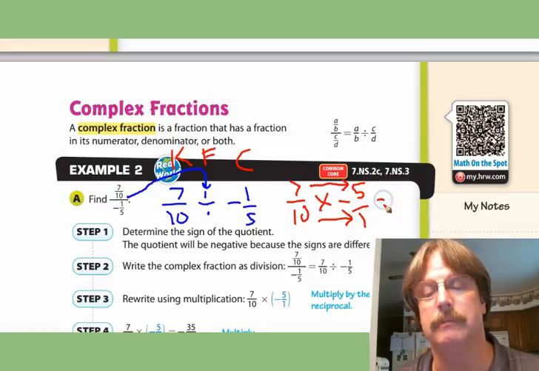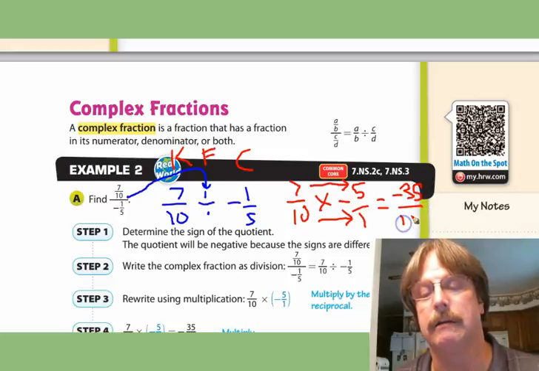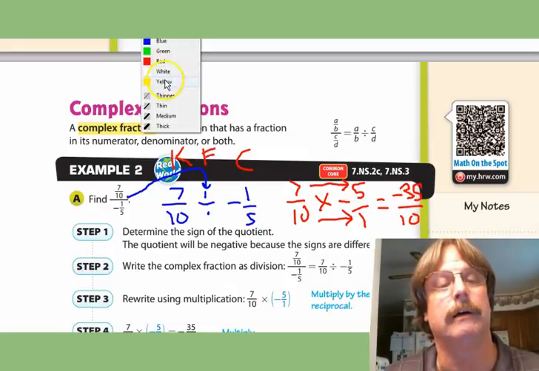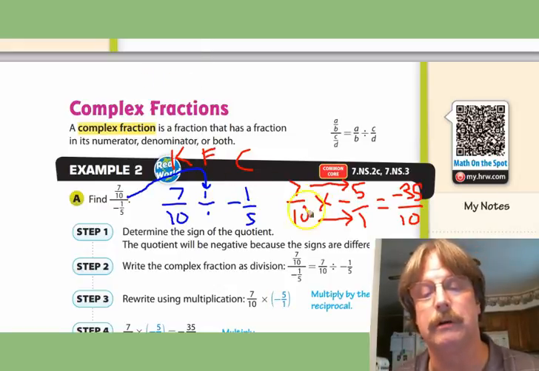So this becomes -35 over 10. 7 times 5 is 35. I chose to put my negative up here. 10 times 1 is 10. So then you go ahead and reduce this. Of course, the book also showed you how you could simplify before.